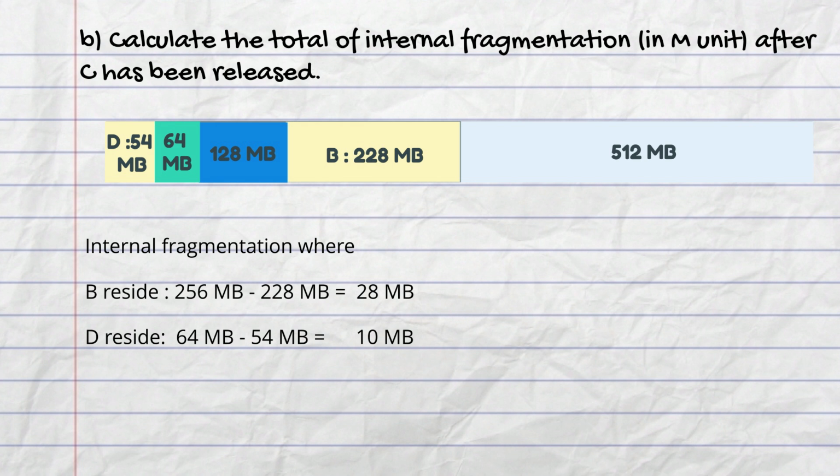The 64 megabyte block will then subtract the 54 megabyte process D memory request, leaving 10 megabytes. Thus, the total internal fragmentation after process C has been released is 38 megabytes.